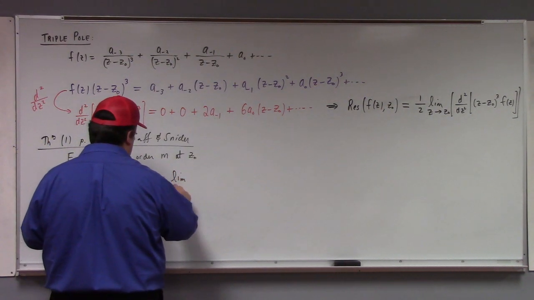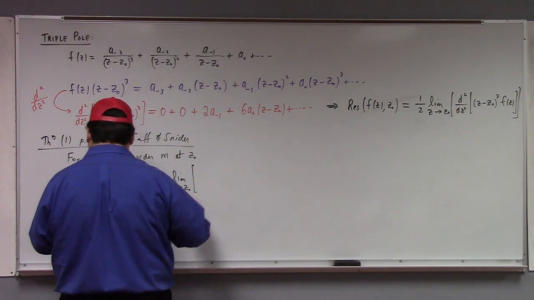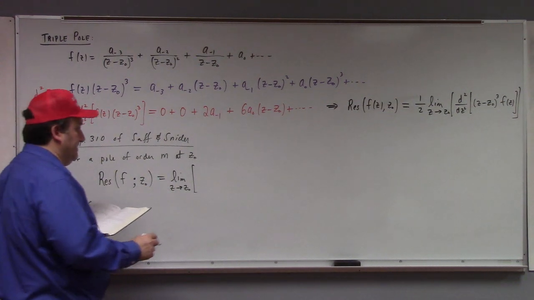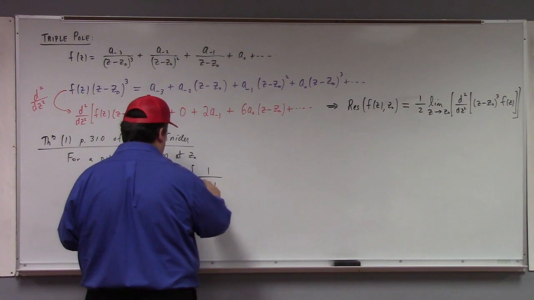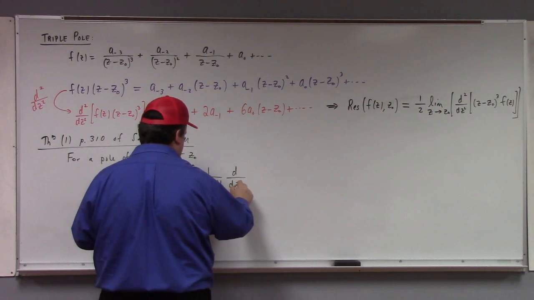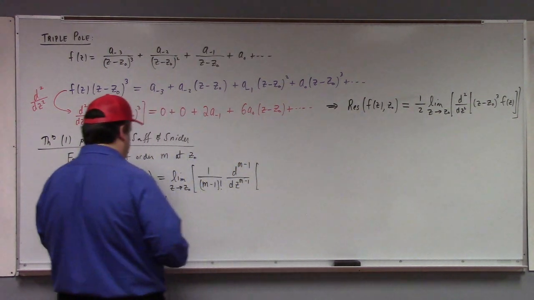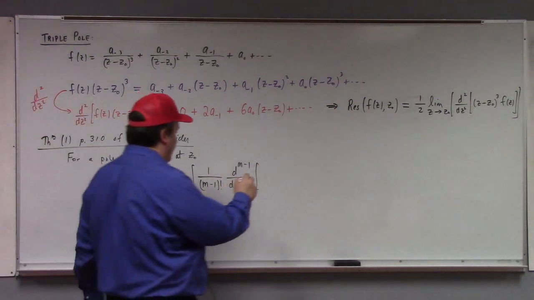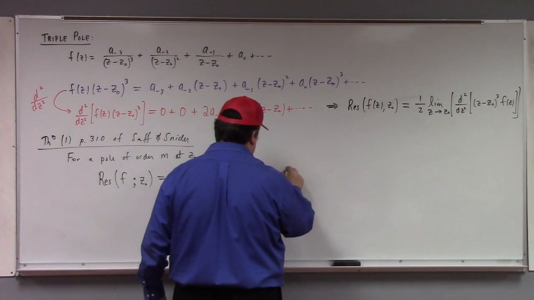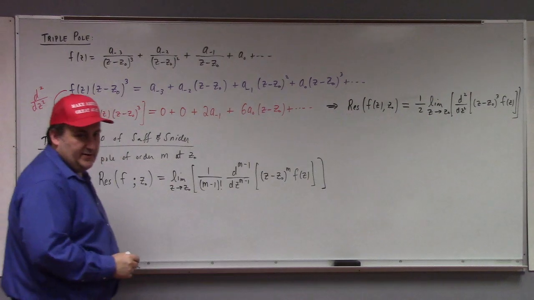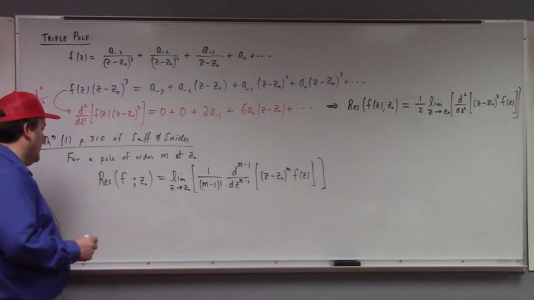Limit as z goes to z naught, and you guys tell me, what should I put there? 1 over m minus 1 factorial, limit as z goes to z naught of the m minus 1th derivative of z minus z naught to the m times f of z. Have I closed my parentheses? Okay.